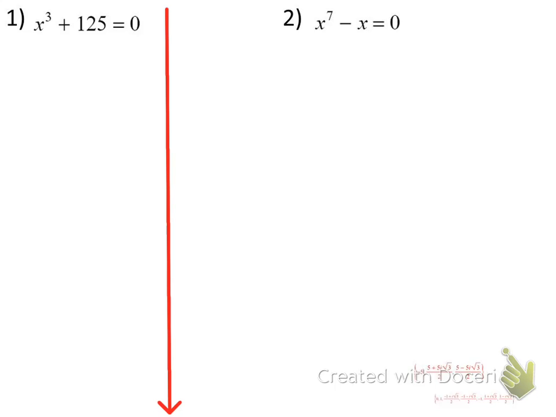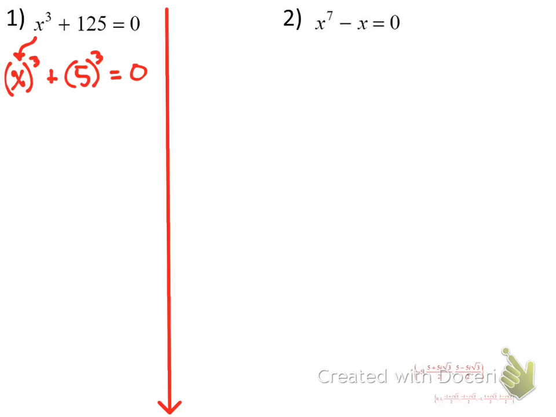Okay, so number 1, we have x cubed plus 125 equals 0. We know it's a solving problem because it has an equal sign in it, so then we notice this is a sum of cubes. This is like saying x cubed plus 5 cubed is equal to 0.